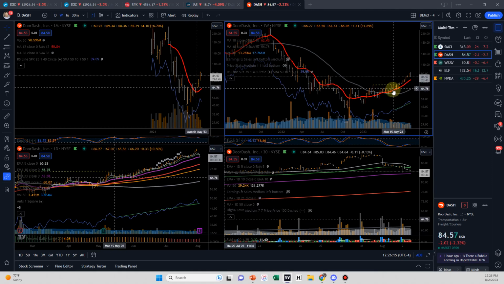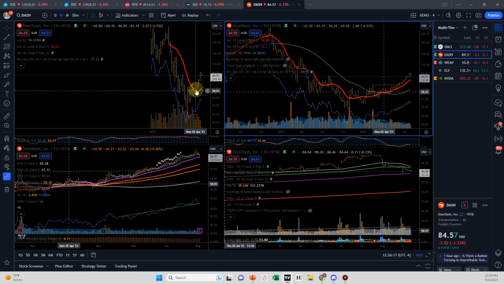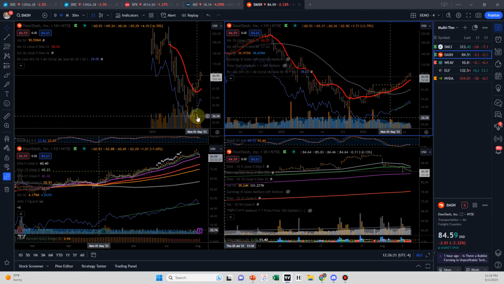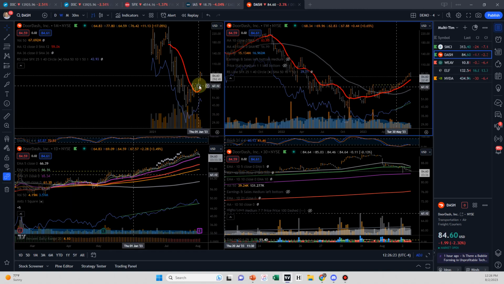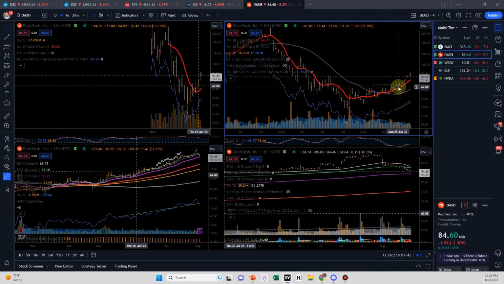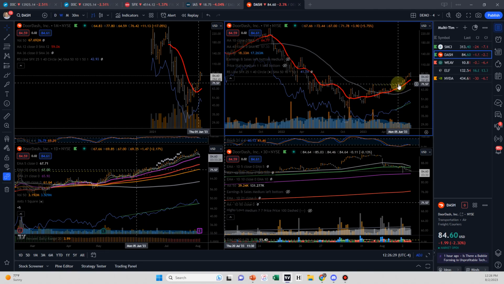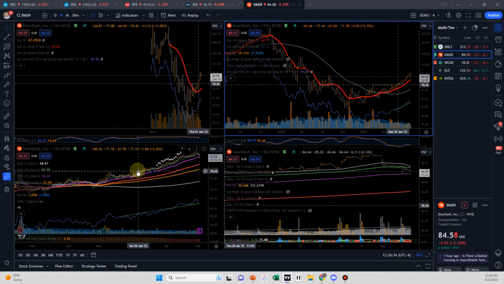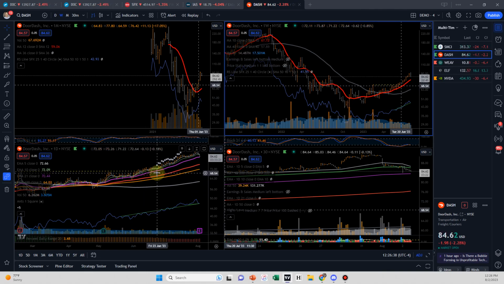And you notice when it starts to break out over here on the monthly, you had some volume coming in back here, on the weekly chart, I should say. And yeah, even down here on the daily, volume was not tremendous on the breakout. You notice that, right?